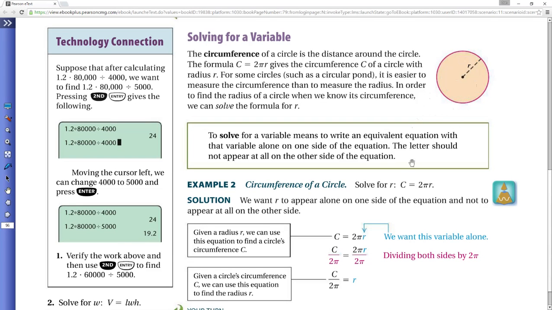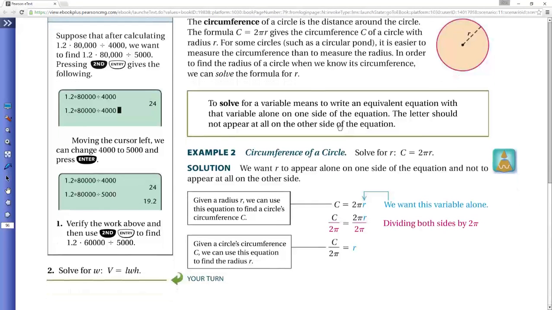And this pi is really a number. It's a real number. 3.14 is an estimate of it, or 22/7 is an estimate. They use this symbol because they've never been able to write it as a rational number or an exact fraction.